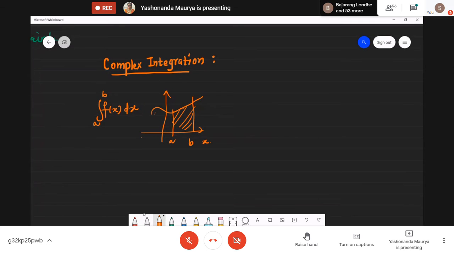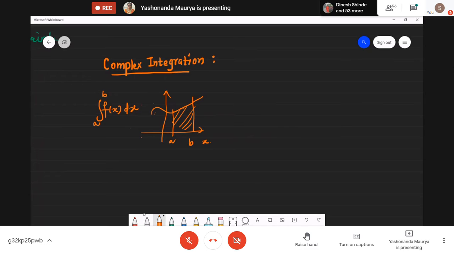Either you will go from a to b or from b to a. Those are the only two choices. The convention says that if we are moving from the origin to the right-hand side, this is called positive orientation. If you're moving from the origin to the left side, that is considered a negative orientation. These are the basic concepts we have already discussed regarding integration.